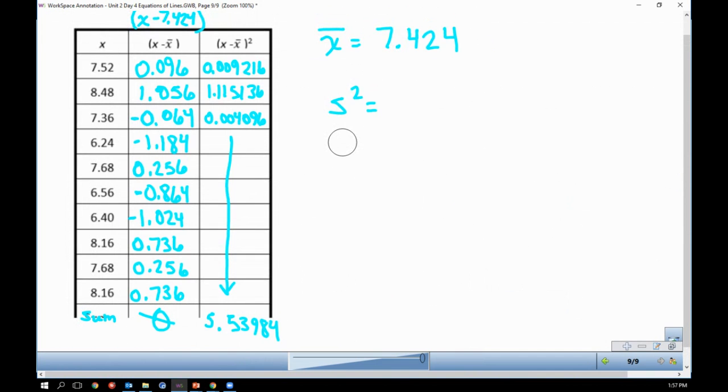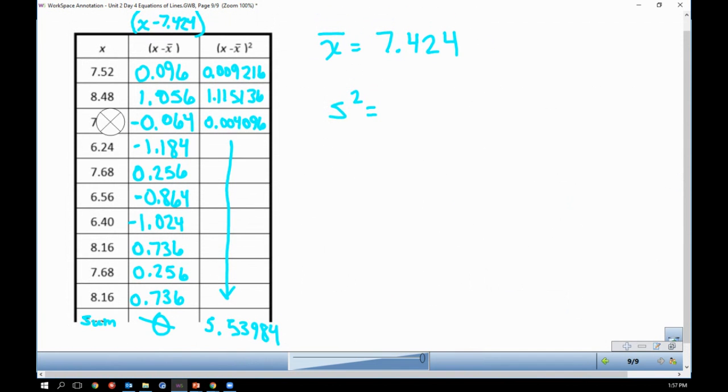If you haven't gotten it, I'm helping you out, giving you some numbers. I'm not giving you all the numbers, but giving you some of them.